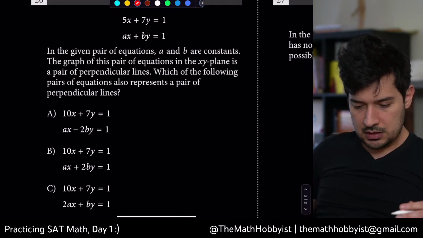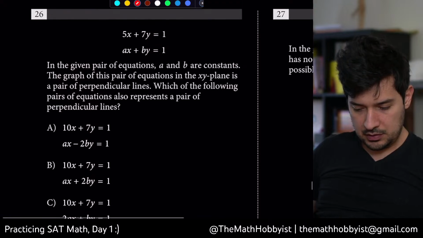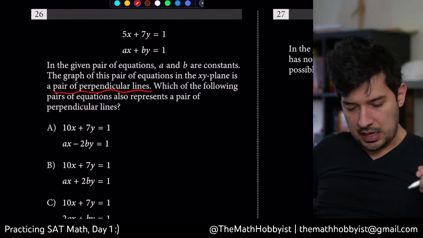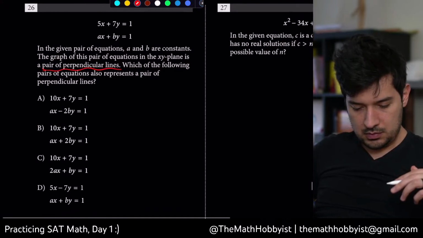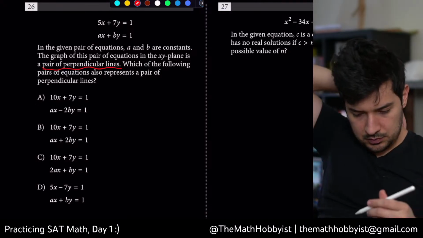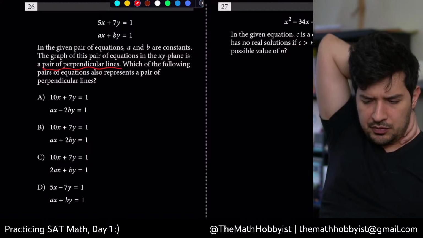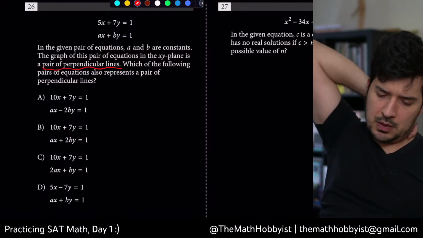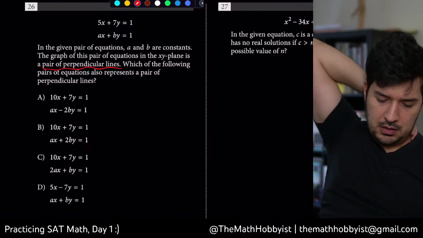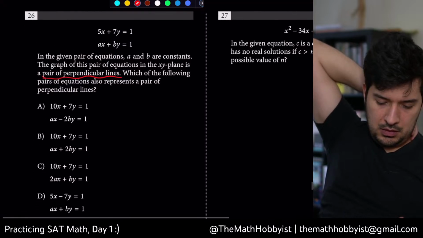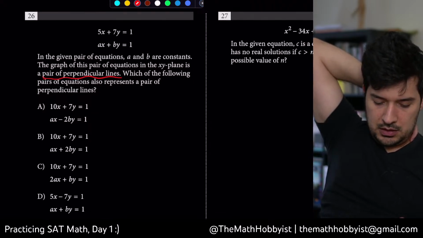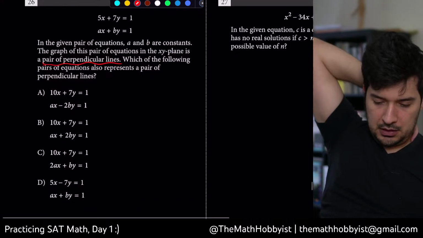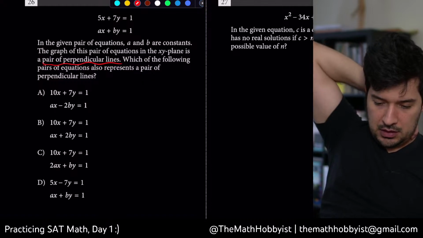A and B are constants, linear equations, pair of perpendicular lines. Okay, so if these two are perpendicular, then if we double both equations, then they should still be perpendicular, or if we add or subtract the equations, they should be perpendicular.